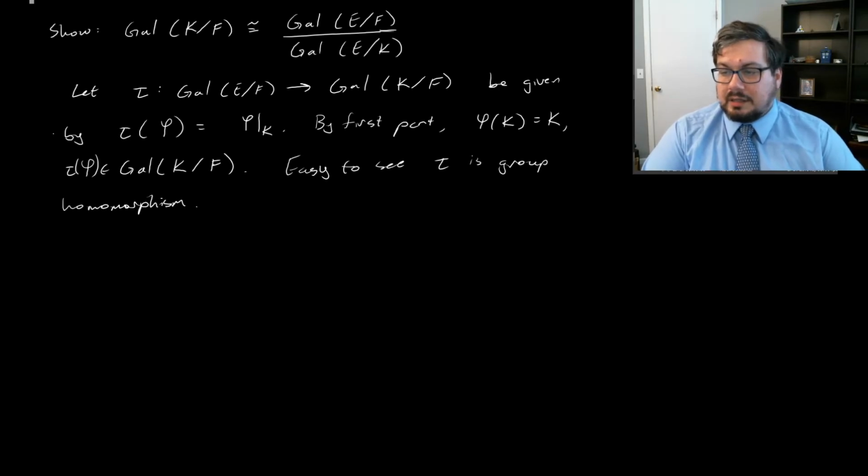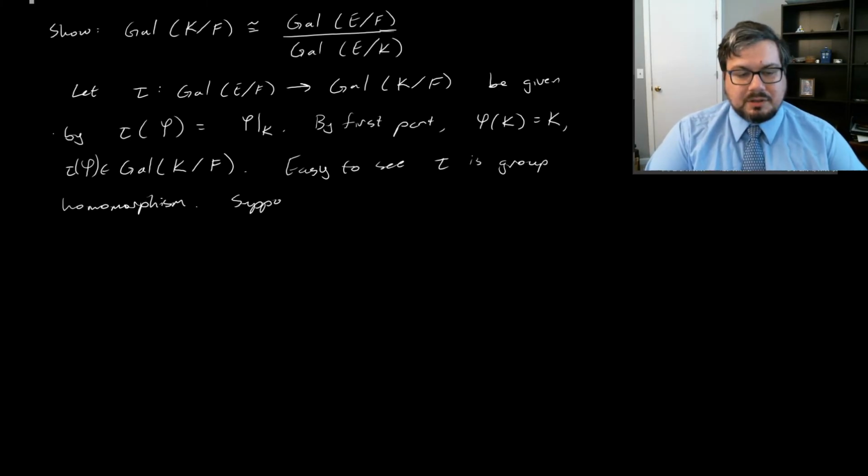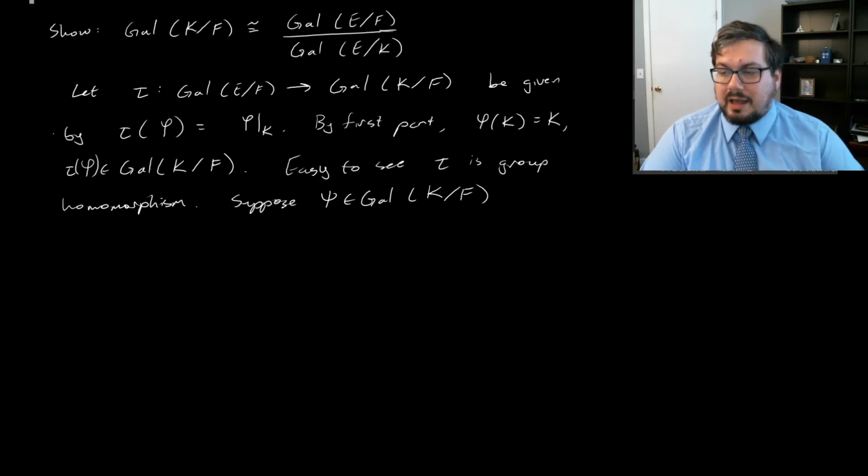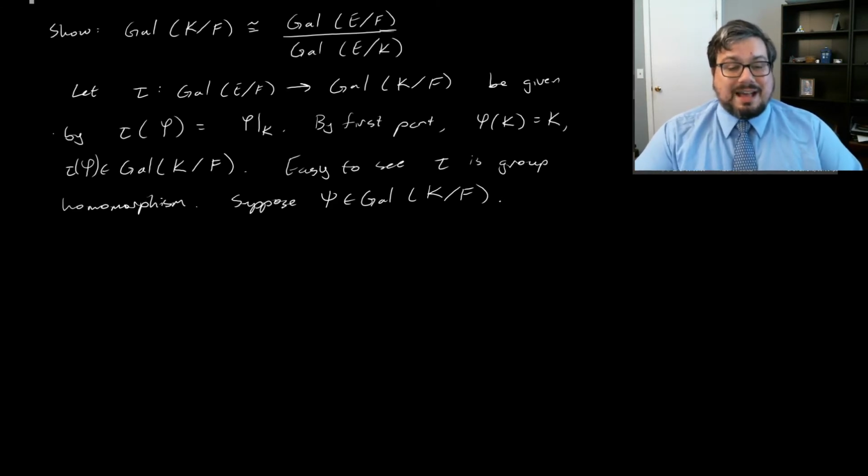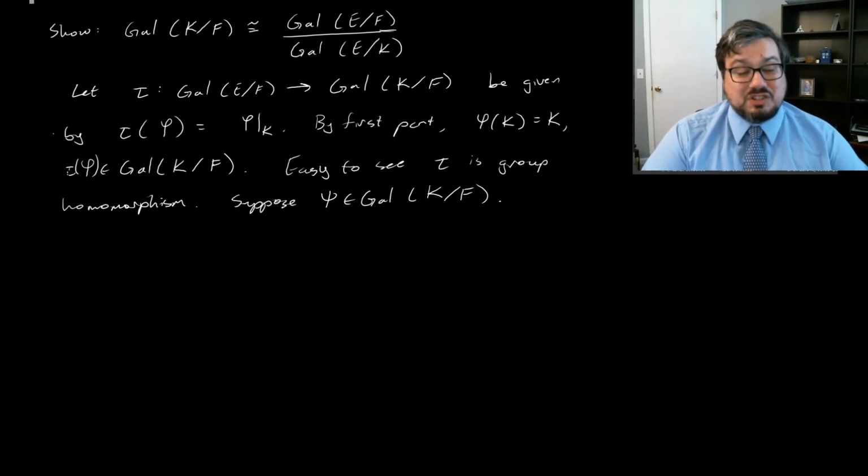So let's suppose that psi is in the Galois group of K over F. We're going to show that psi is in the image of tau, that there's something in the Galois group of E over F that gets mapped down to psi.